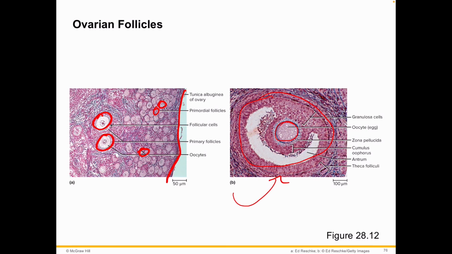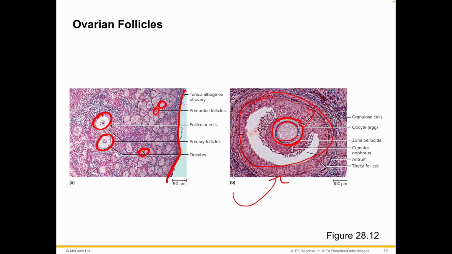The zona pellucida is a zone that is not entirely white, but sort of becoming more lucid. Granulosa cells look like tiny grains of sand, supportive between the follicle itself as well as the egg.